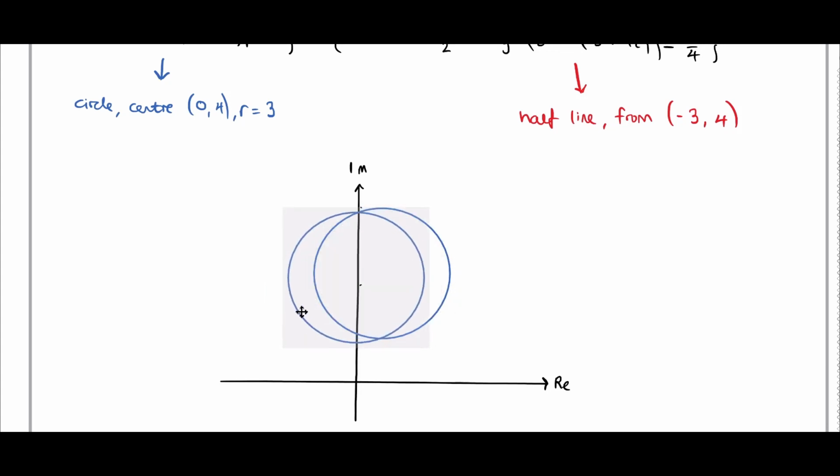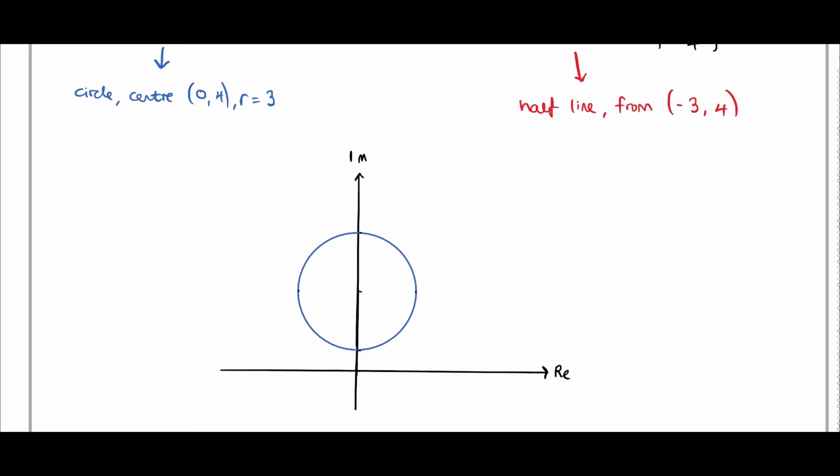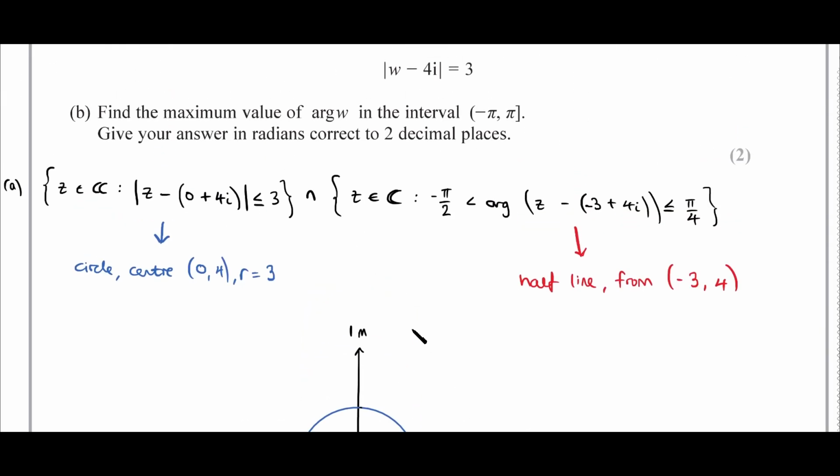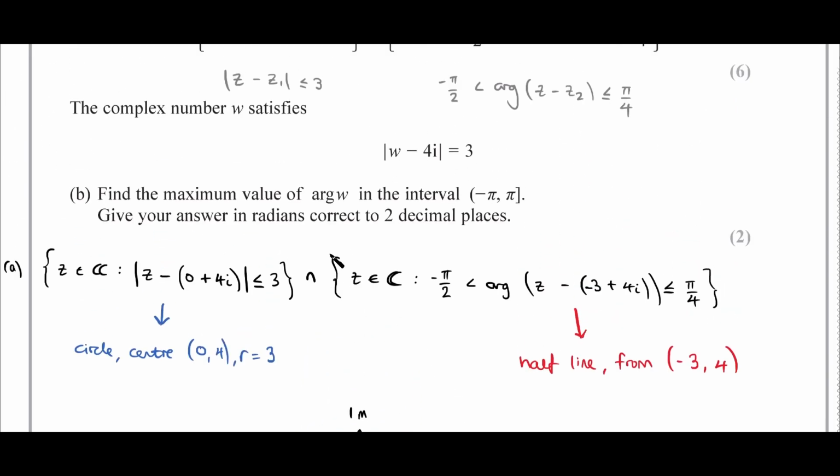We have something which looks like that, approximately. If I draw this more neatly, having drawn the circle, we want where this circle is less than or equal to 3.